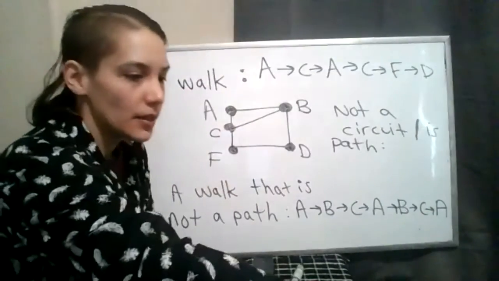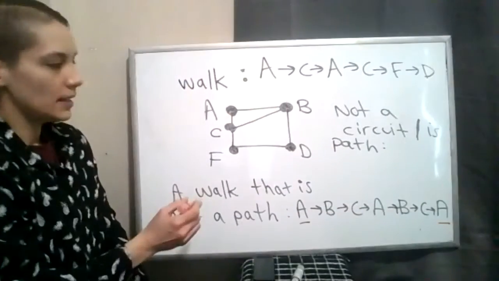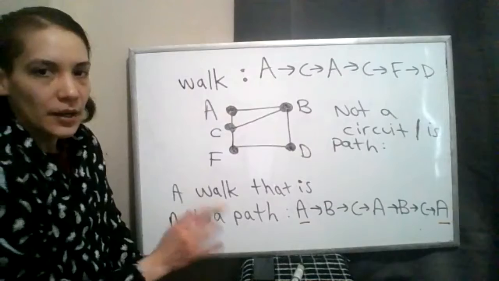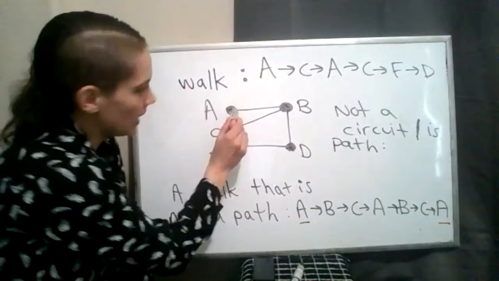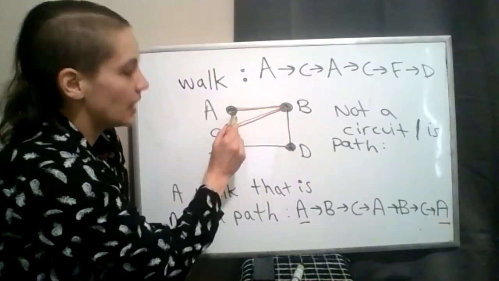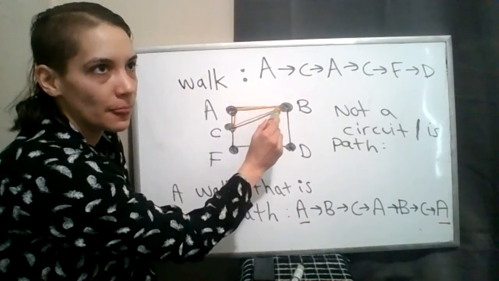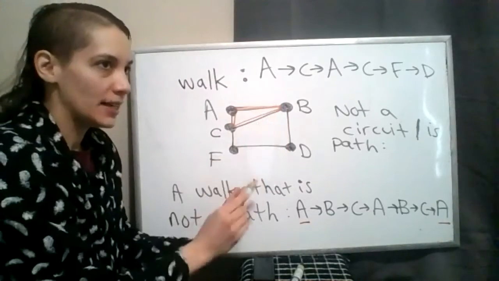Okay, so even though there's an A at the beginning and an A at the end, you might think it's a circuit, but you go along A, B, and then from B to C, and C to A. And then you reuse AB. So now it's not a path. And again, if it's not a path, it's not a circuit.